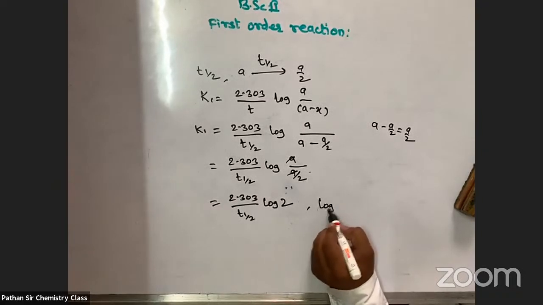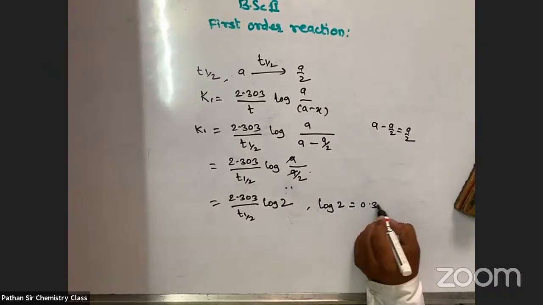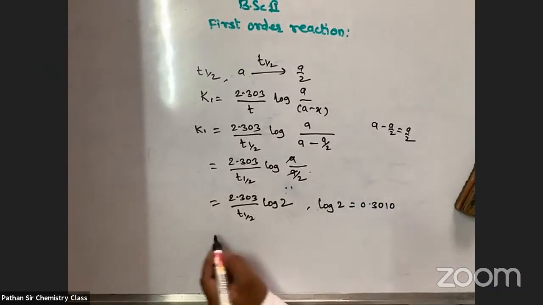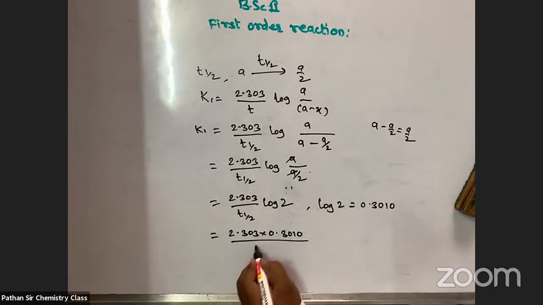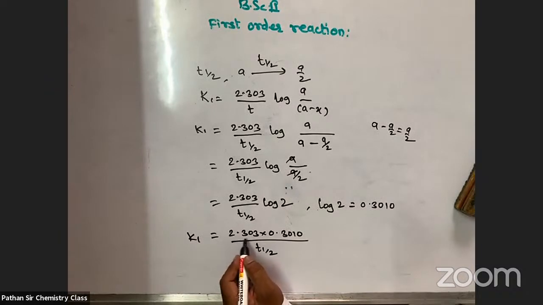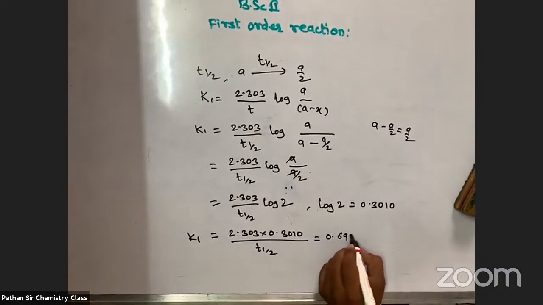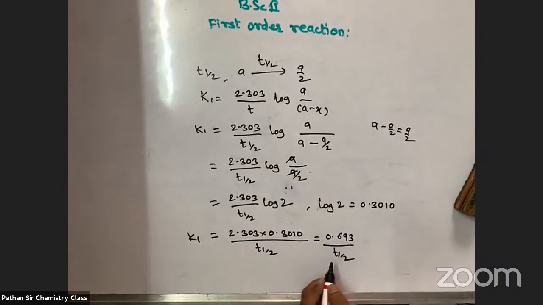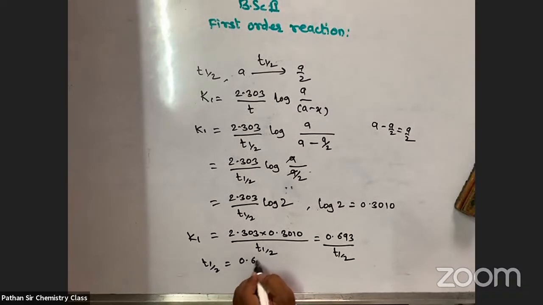Now, what is the value of log of 2? Log to the base 10, it is 0.3010. So it is 2.303 into 0.3010 divided by T half. If you multiply 2.303 into 0.3010, it equals 0.693 divided by T half, or simply T half is equals to 0.693 divided by K1.